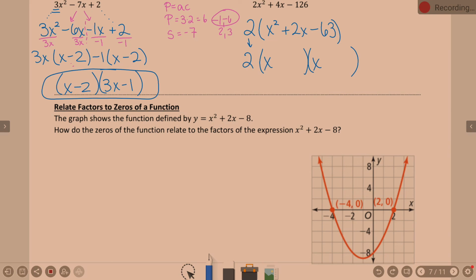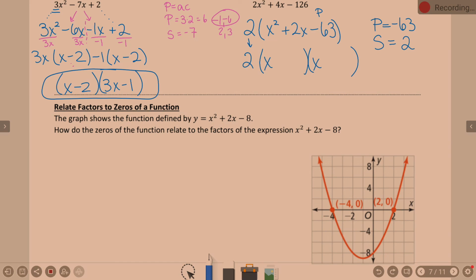Now, we need the numbers, yes? Some of you have them. Awesome. For the rest of us that don't have them, we need a product of negative 63. So we have to multiply to be negative 63 and add to be 2. Well, if you know your math facts, you have something that comes to be 63 in your mind.